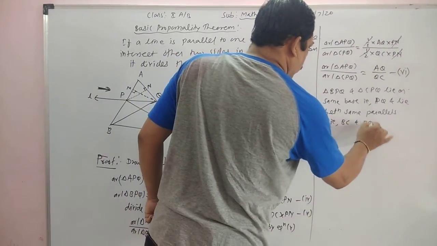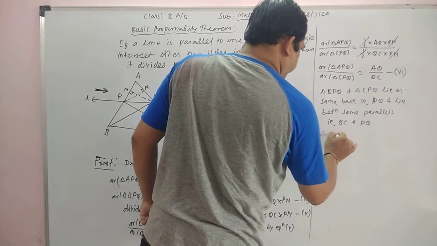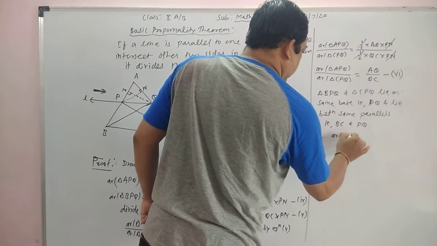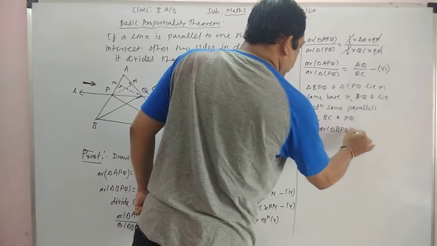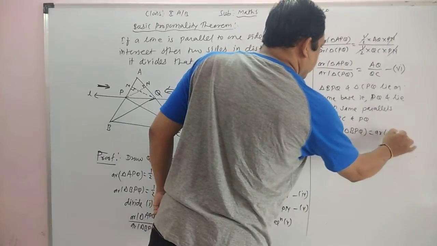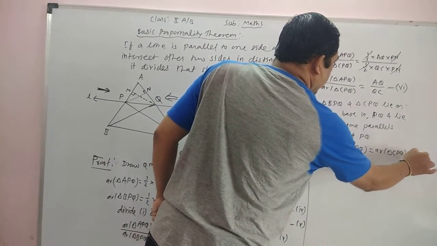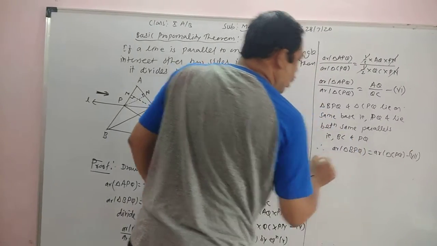Therefore, area of triangle BPQ equals area of triangle CPQ. Denote it as equation number 7.